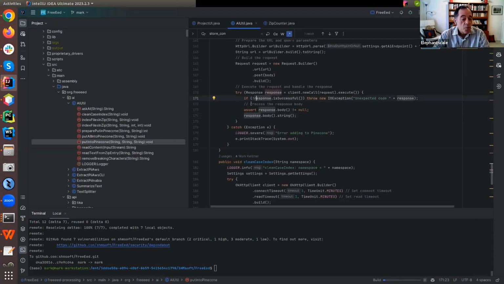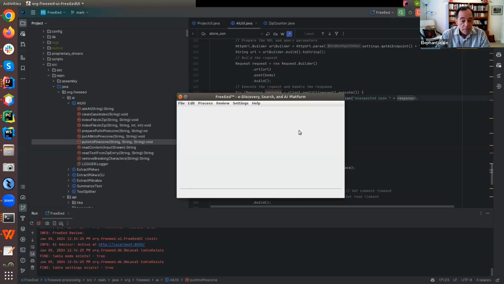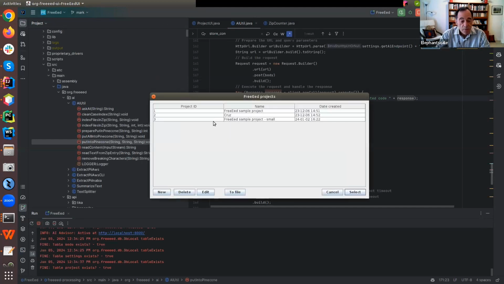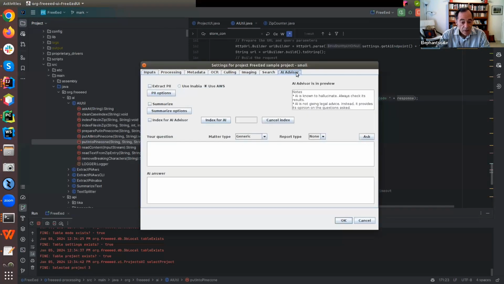And FREED has two parts. The first part is the lab. This is where you take all your documents and process them. So AI by now is included in here. For example, I can look at my projects that are all here and open a project and go to the AI advisor.